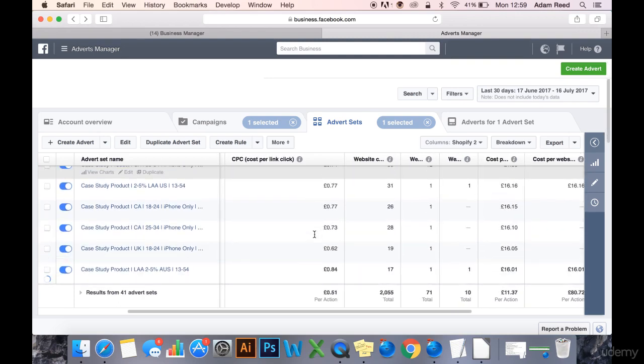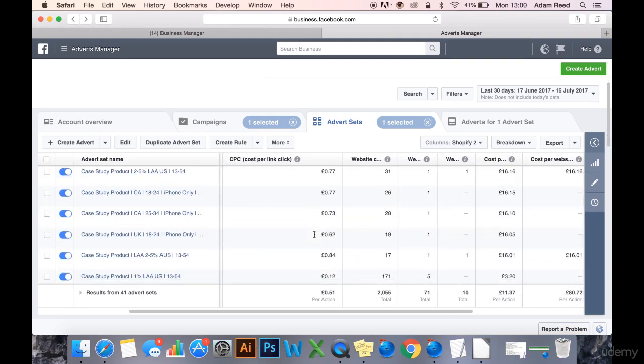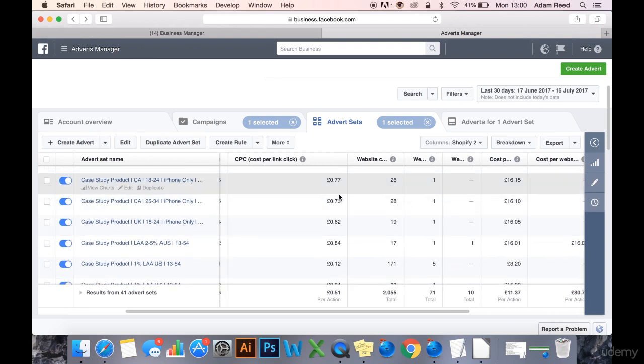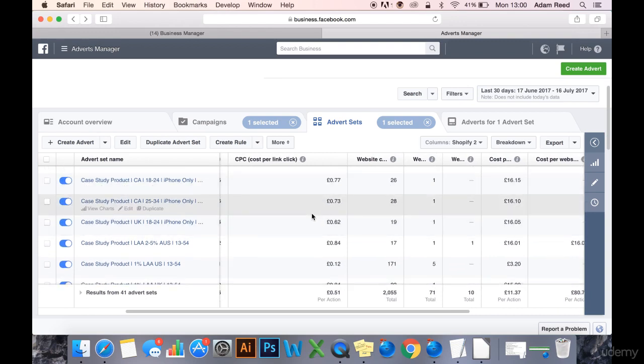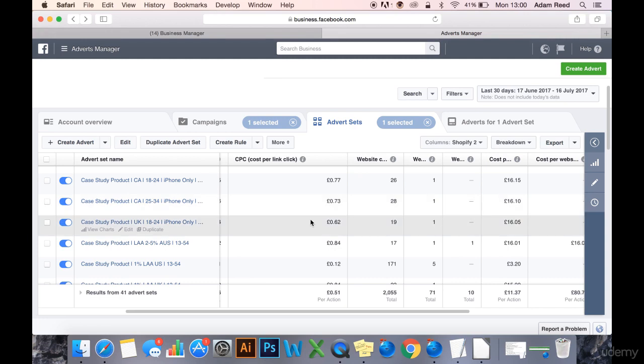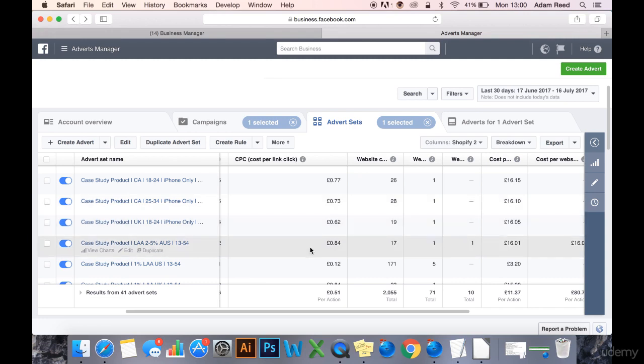It's worth noting that all of the creatives in these ads are exactly the same, so we can't say that, oh, perhaps the CPC is so different and such a large range. Perhaps it's to do with the ad creative.